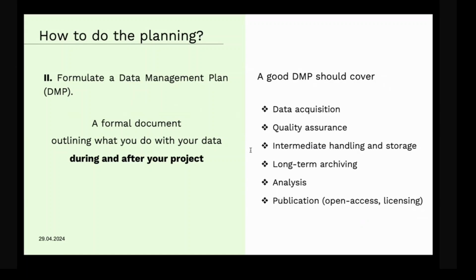So where is the data going to come from? How you're going to do the quality assurance, how you're going to do the intermediate handling and the storage, so preservation. Then the long-term archiving, the analysis, and the publication, including is it going to be open access? If not, why not? Which parts and what kind of licenses you're going to attach to your data.